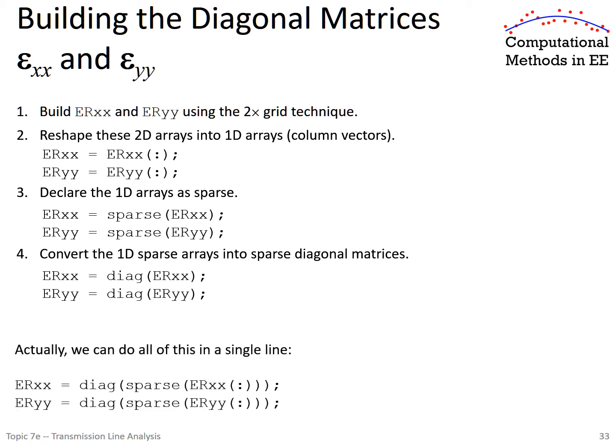So in just 2 lines of code, I've formed my diagonal matrices ERXX and ERYY. They started as 2D arrays, but I reshaped to a column vector, declared it as sparse, and placed those as a diagonal in a square matrix. I always do that in 1 line of code. So we've built our 2 permittivity arrays and then made them diagonal matrices. Now they're ready to go into our matrix equations.